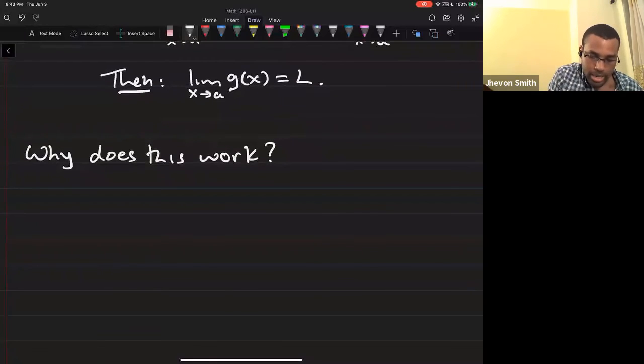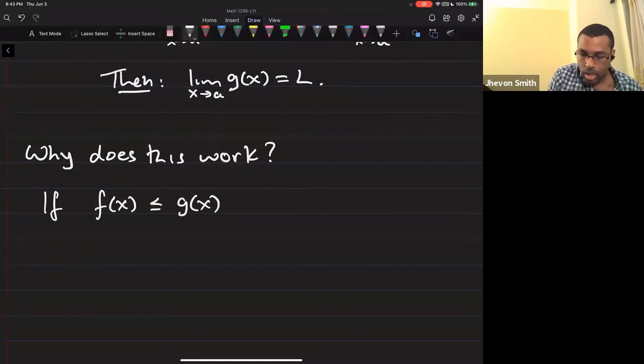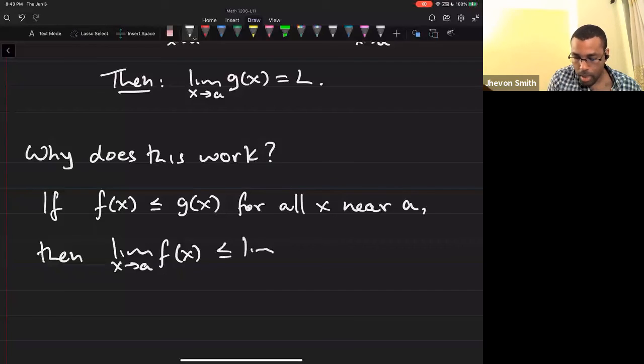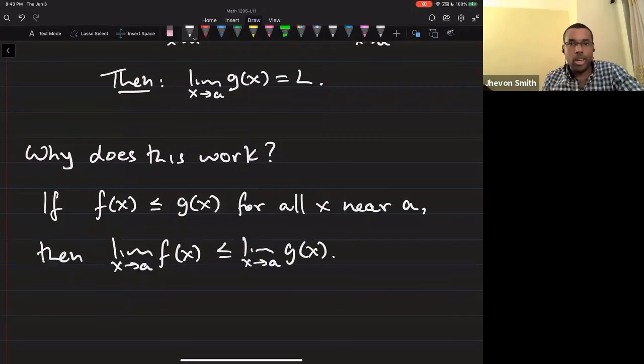Well, the idea is if f of x is less than or equal to g of x for all x near a, then the limits would obey the same inequality. Limits maintain inequalities, right? And hopefully this is clear, because remember what the limit is. The limit is tracking the y value. It's tracking what the outputs are doing.